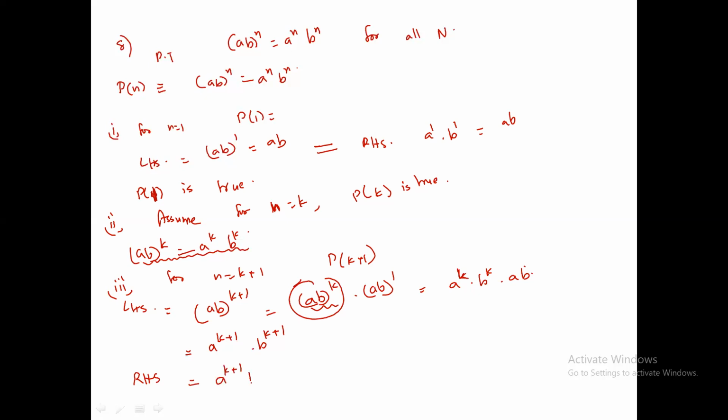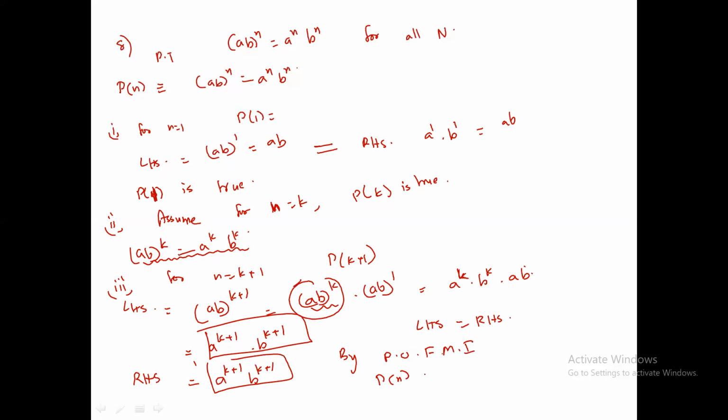So A power k plus 1, B power k plus 1. You can see left hand side is equal to right hand side. LHS equal to RHS. That means by principle of finite mathematical induction, the given statement is true for all natural numbers.